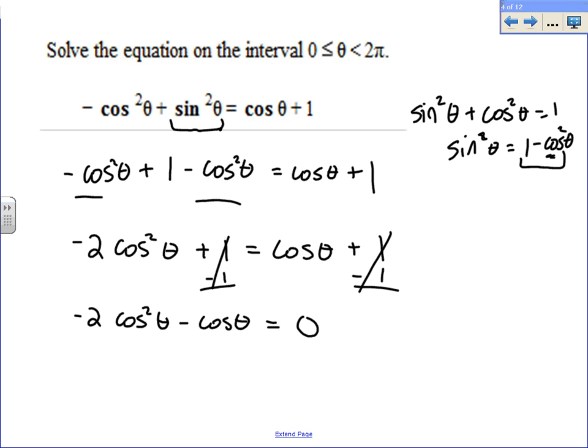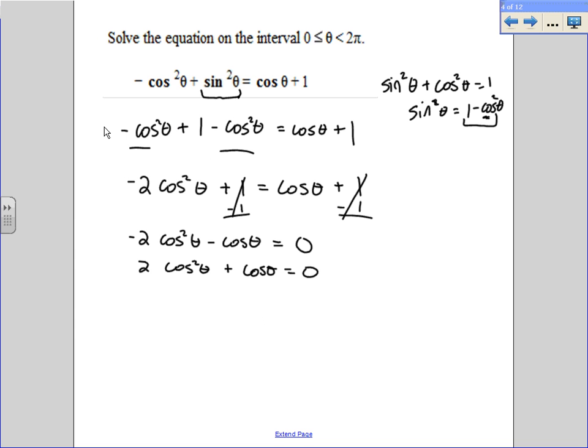In fact, if we wanted to, we could divide out that negative and make them positive, or I could actually factor out a negative cosine theta. I think I'm going to divide out this negative and make them positive here. So that gives me 2 cosine squared theta plus cosine theta equals 0. I just did that so that first one was positive.